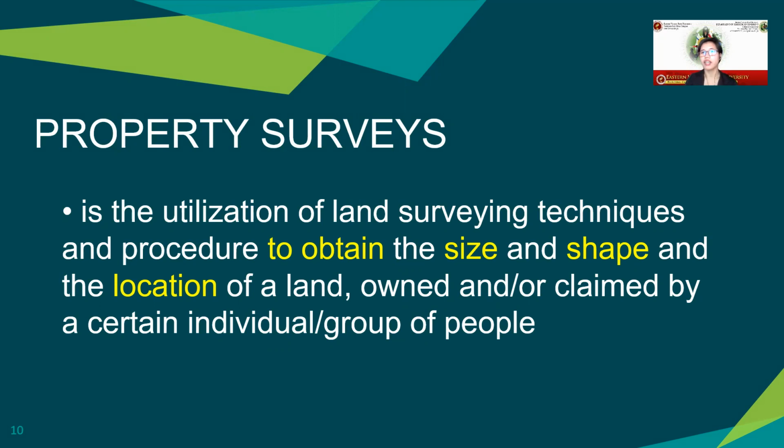So this is the very compact definition of a property survey. So we are not only determining the quality or the measurement, but we also determine its location, kung saan siya nabutang, the owner, the transfer of owners, the ownership, and so on.